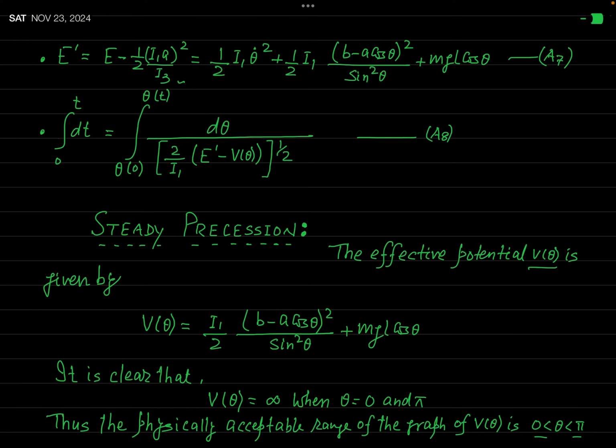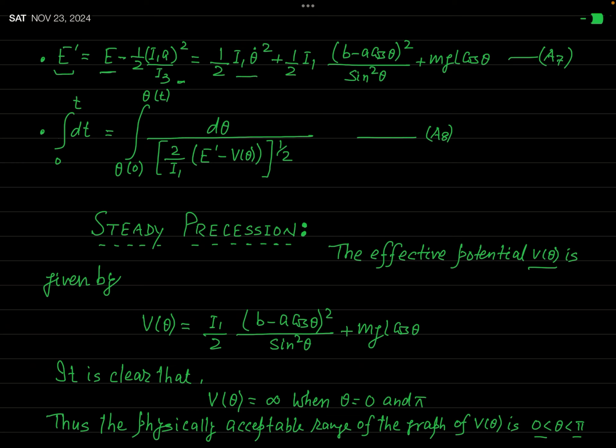So in this case too, the total energy E, which is T plus V, remains constant. And the expression for total energy we obtained in our previous lecture, and you have seen that if E is the total mechanical energy of this system, then E minus 1 over 2 I1 A whole square over I3, which we have denoted by the symbol E dashed, is equal to this much.